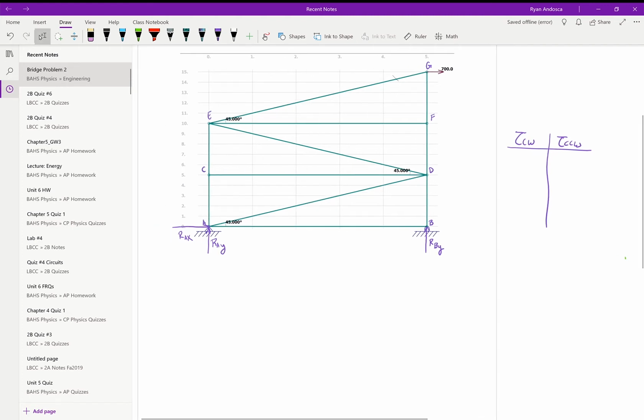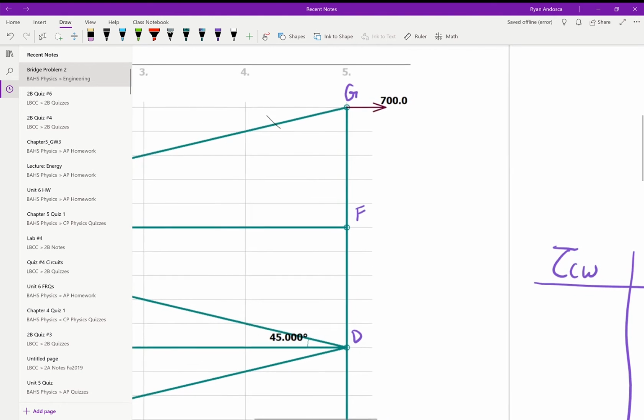Now, a torque is force times distance from the pivot point. The pivot point is always taken to be the pin because it is where the bridge is pinned down, obviously. So that means the only two forces that are going to cause torques are the ones that are not near the pivot point, so that is RBY and this force up here at point G.